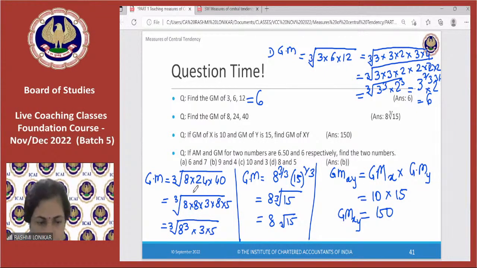Okay. Now, if the arithmetic mean and geometric mean of two numbers are 6.5 and 6 respectively, find the two numbers.